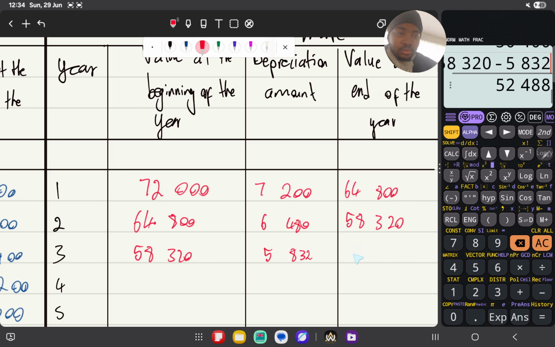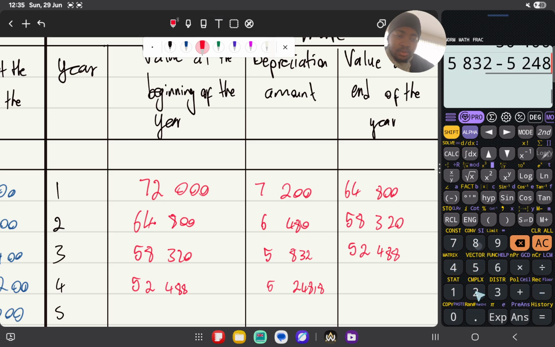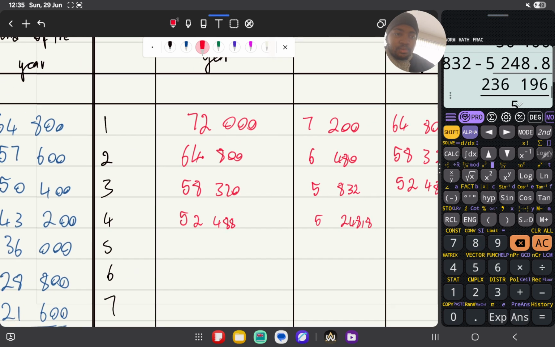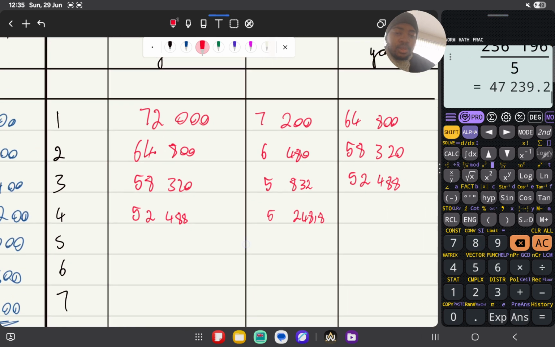32. Cool. The value at the beginning of the year. 10%, that is 5,248.8.